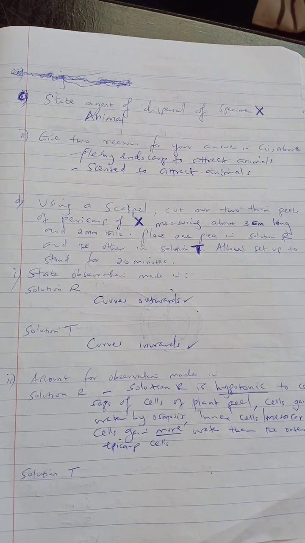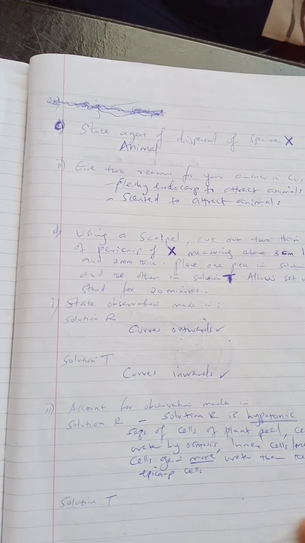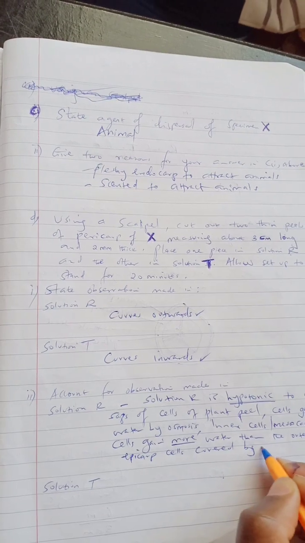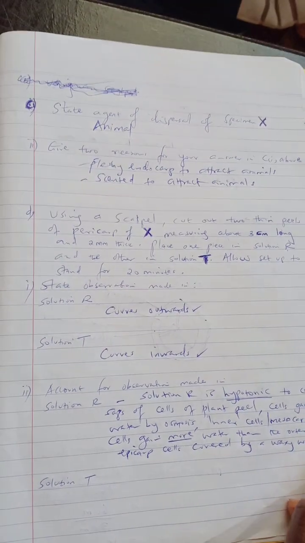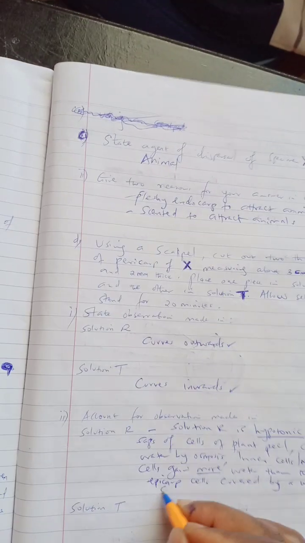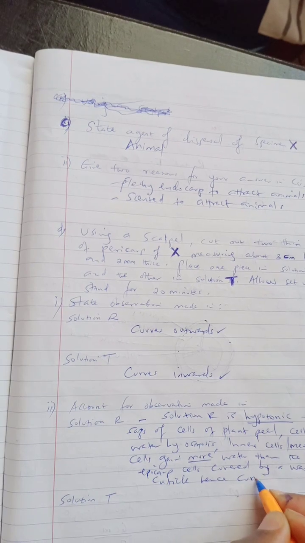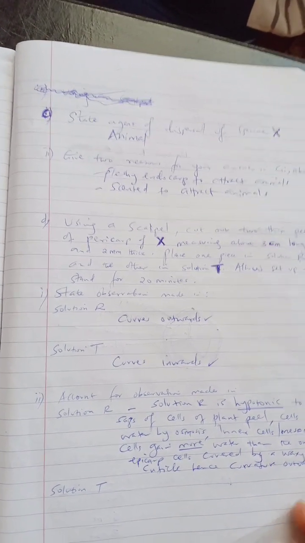The epicarp. So you finish the statement by saying: than the outer cells or epicarp cells that are covered by a waxy waterproof cuticle, hence curvature outwards.